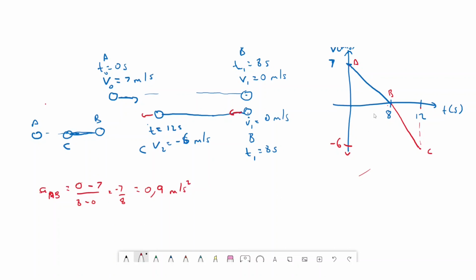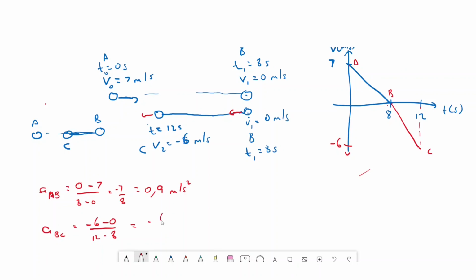And then what about the acceleration from B to C? I would have to say what is the velocity at C. The velocity at C is -6. The velocity at B is 0. The time at C is going to be 12, and the time at position B is going to be 8.